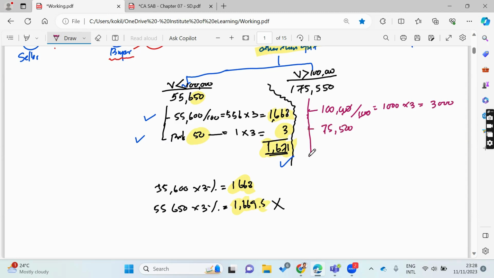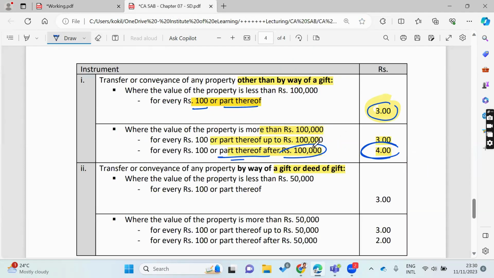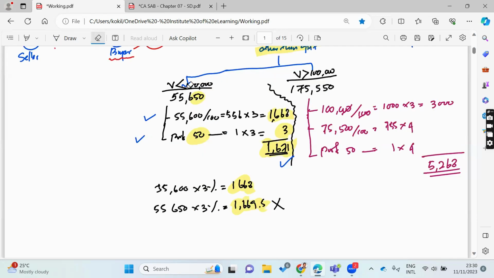And here, the balance is 75,500. There is a part as well, the part is 50. If you divide by 100, you will get 755. Here you need to remember the rate: if the property value is more than 100,000, the applicable stamp duty is 4 rupees per 100. So you multiply 755 by 4, which gives 3,020.